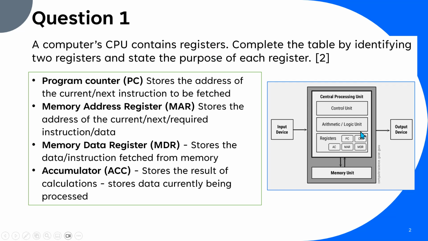But if you look at this diagram here on the right, the registers within the CPU are little storage locations where different things happen. So you've got the program counter, current instruction register, the accumulator, the memory address register, and the memory data register. This is really about seeing which one you remember the easiest when you're asked a question about registers.